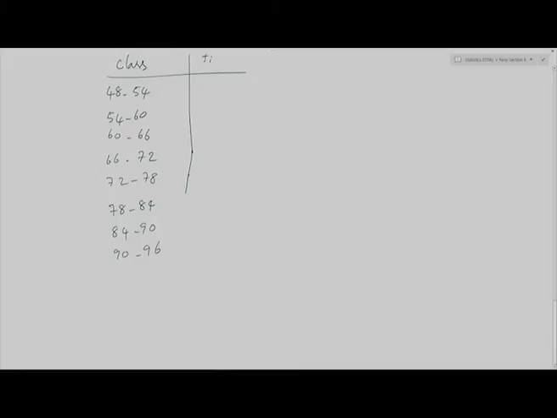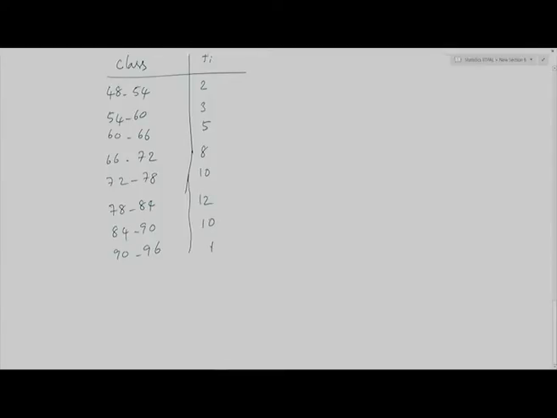So, these are the class intervals given, and the number of students whose marks are in each class interval are given as 2, 3, 5, 8, 10, 12, 10 and 1. Okay. So, this is the data we have.